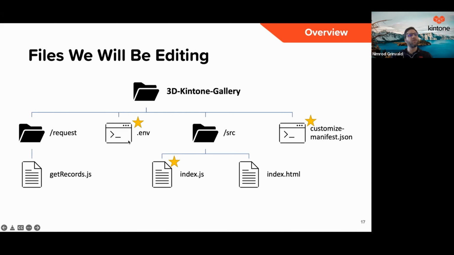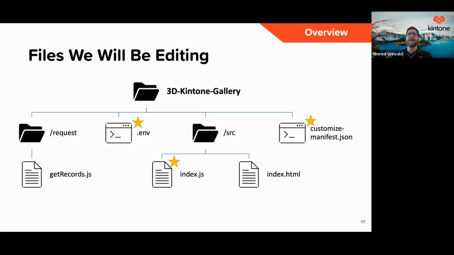This .env file is going to hold the environmental variables for our login information into Kintone, so that we can automate the process of uploading our build file into Kintone without needing to manually do it every time that we update our work.